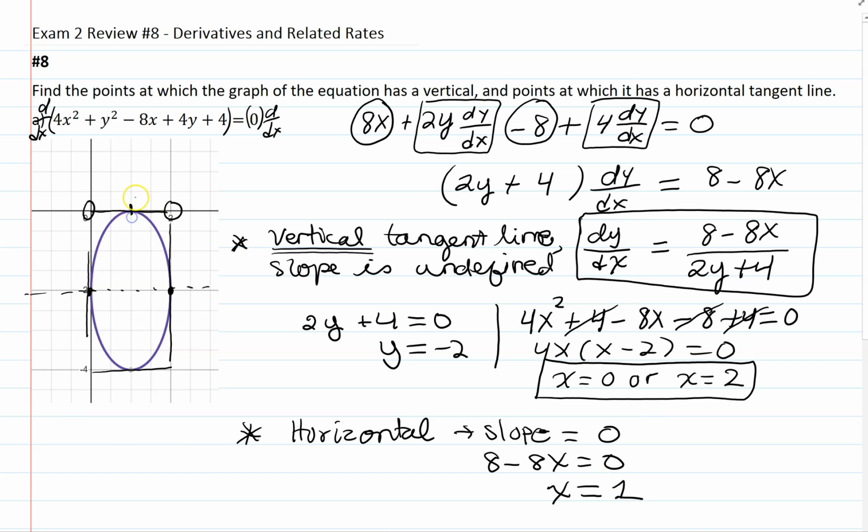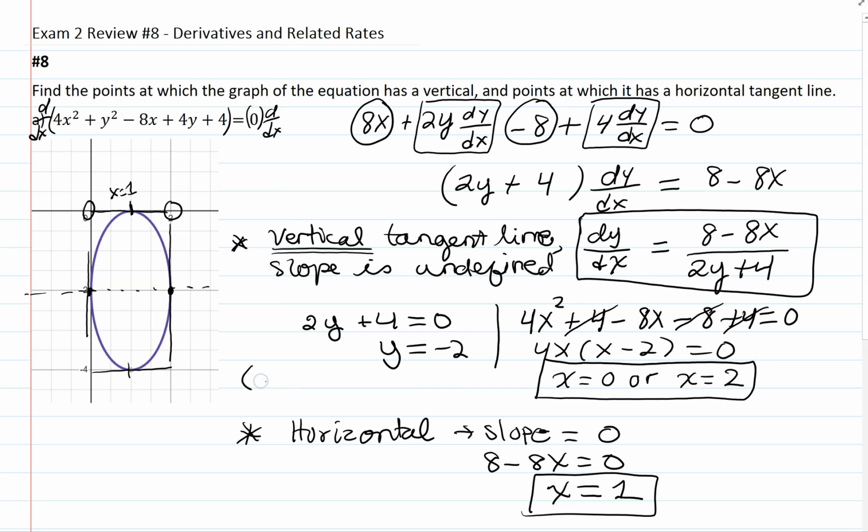So at this point right here, at x equal to 1, you have a horizontal tangent line. So that would be this right here and this point right there. Okay, that should solve this problem.